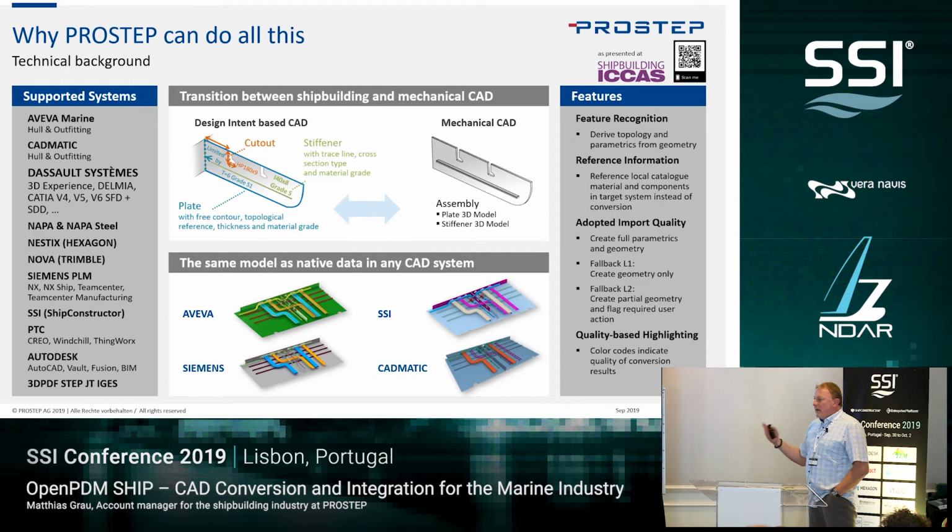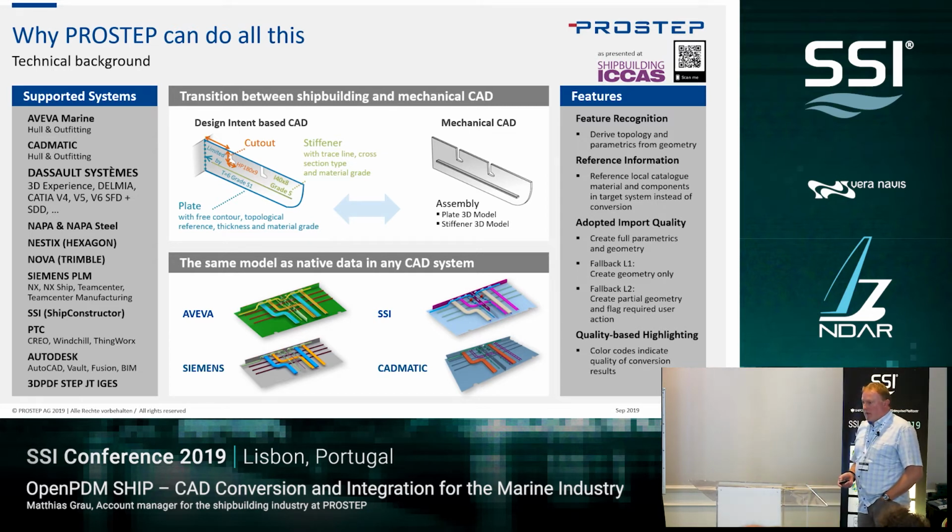And given this information, then we were able to basically describe mappings between those different data models. And that's basically what we are implementing in those CAD conversion type of integrations that OpenPDM Ship is able to provide nowadays.